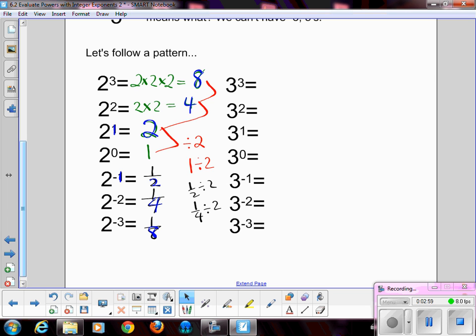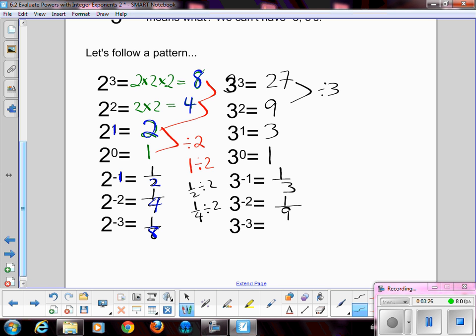Now, the same is going to be true if I do the same pattern with 3. So 3 cubed is the same as 27, 9, 3, 1. And you can see each time we're dividing by 3. Okay, so I'm dividing by the base each time. So if I do this, 1 divided by 3 is 1/3. 1/3 divided by 3 is 1/9.